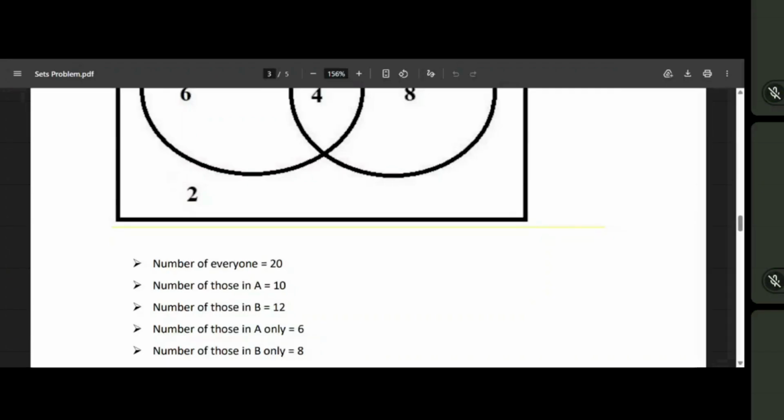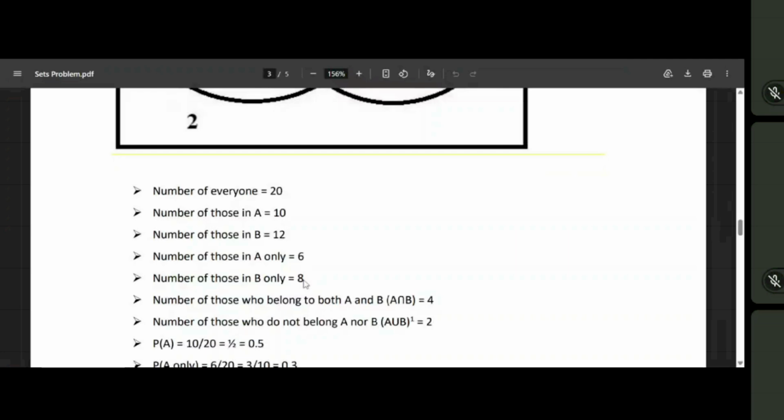The number of those in A only, they have only diabetes, they are only 6. Number of those in B only, they have only hypertension, they are 8. The number of those who belong to both A and B, that is what we call A intersection B, they are 4. Now, number of those who do not belong to A nor B, that's A union B prime, they are 2.